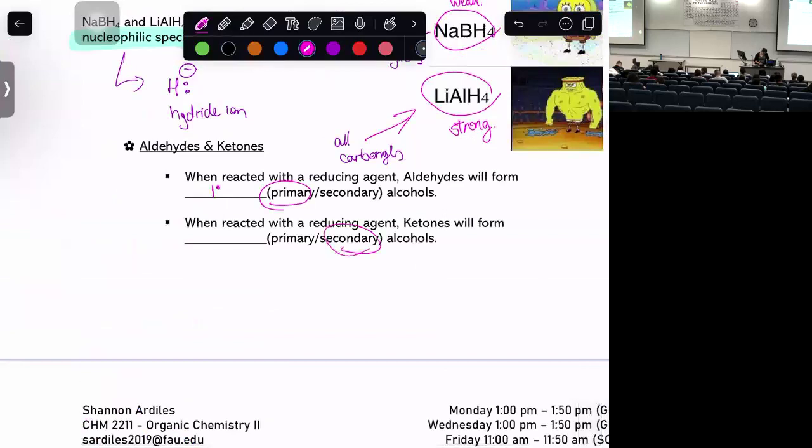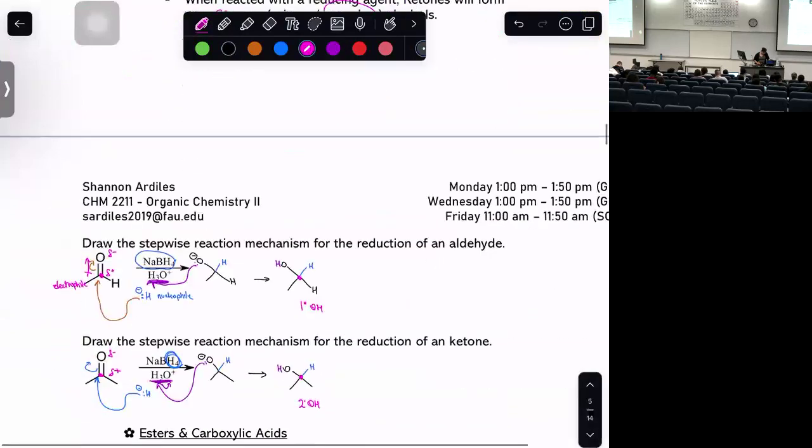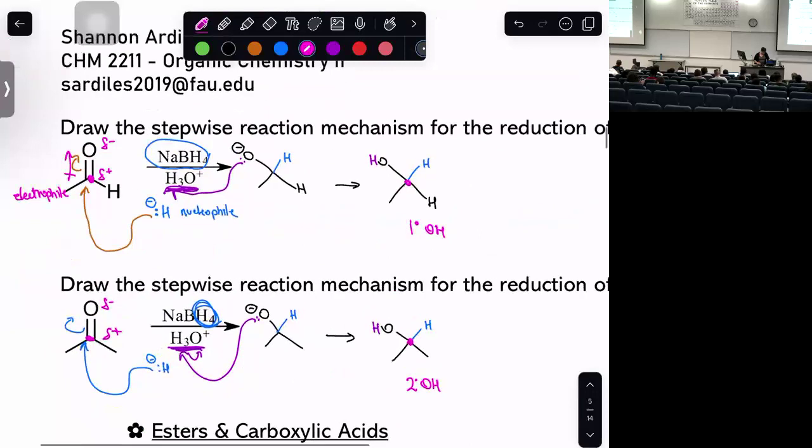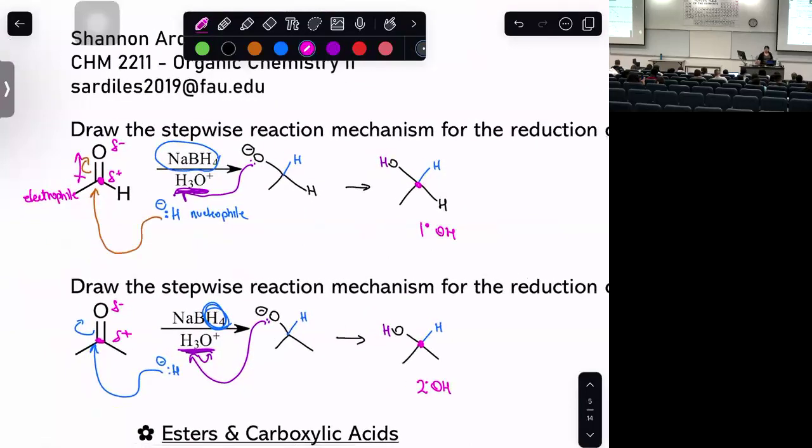This guy is always making secondary alcohols. So far, that makes sense. Pretty easy to follow. We're good? Question? The difference is just the starting molecule because we're using the same reagent. Okay, good.